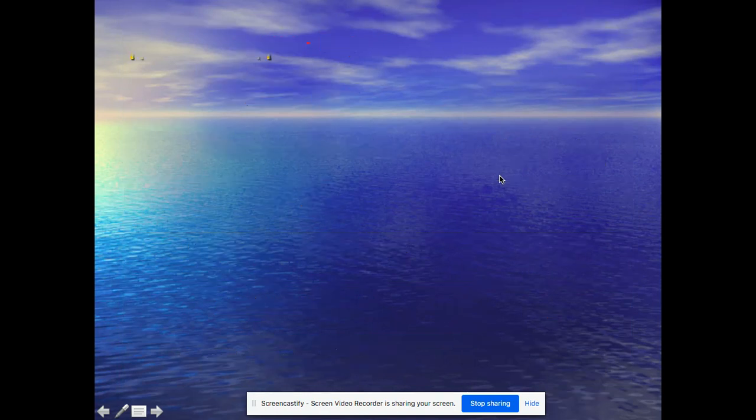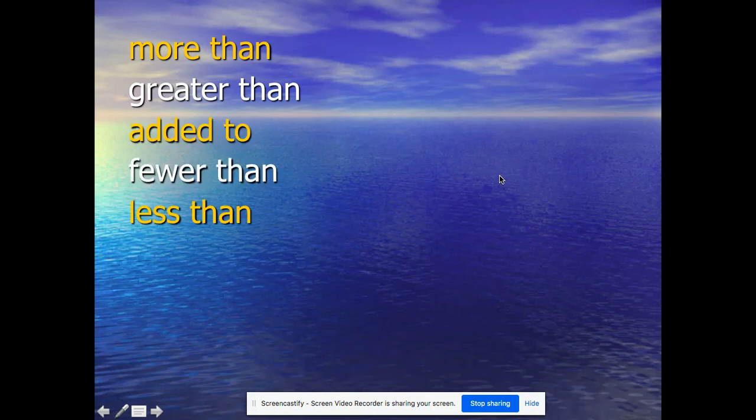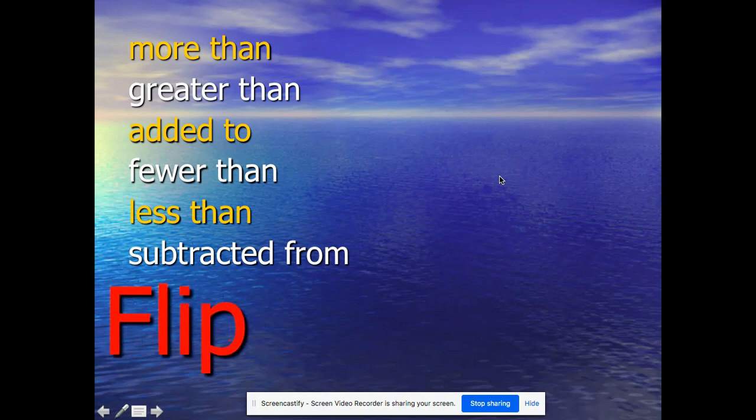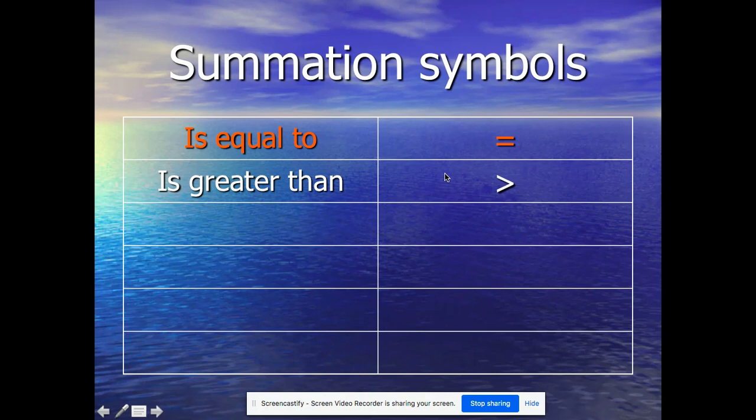Okay, so for these words, more than, greater than, added to, fewer than, less than, subtracted from, we flip them in the expression. Summation symbols. These are is equal to, is greater than. And you see the word is here.